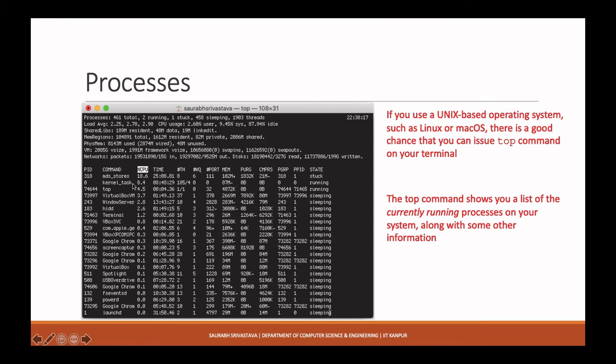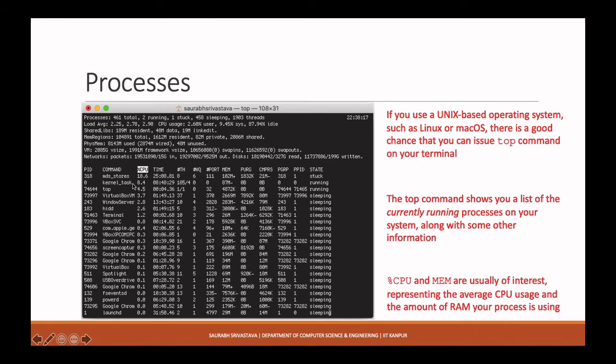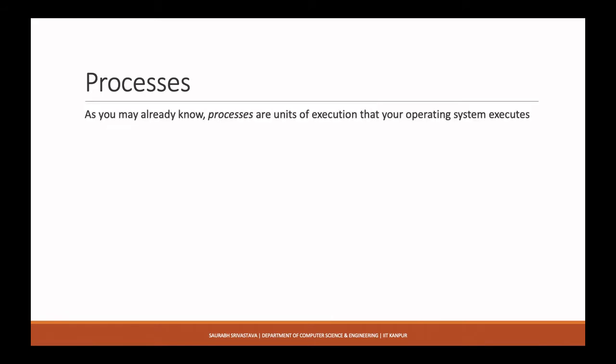This is just a screenshot, and out of all this information that you could see here, probably the only things that we usually look at are the CPU percentages and the memory that a particular process is using, right? So you can see some of the processes that are running on my system, like Google Chrome or VirtualBox. So usually this is one way in which you can have a look at the processes.